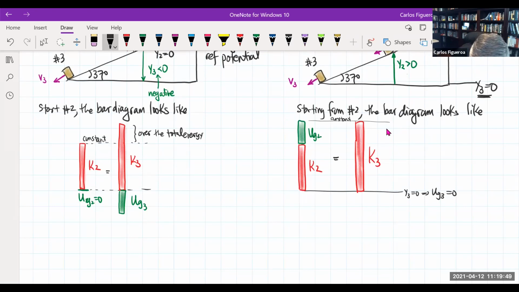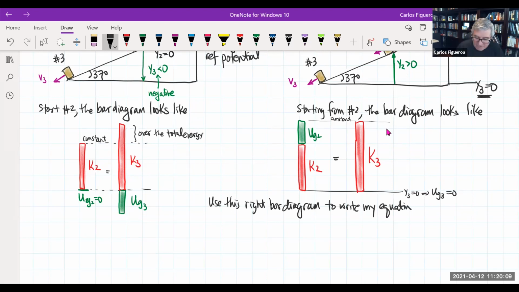So I'm going to use this right bar diagram to write my equation. So what do I see here?